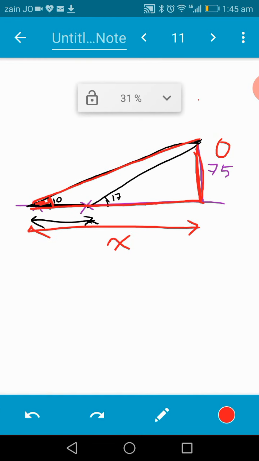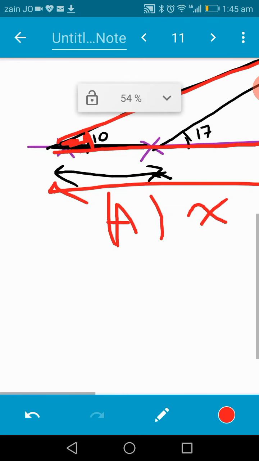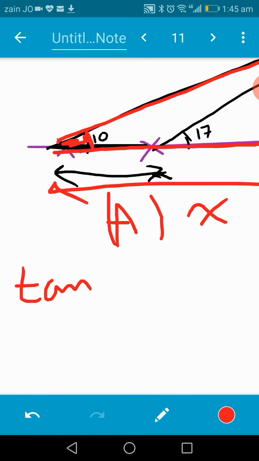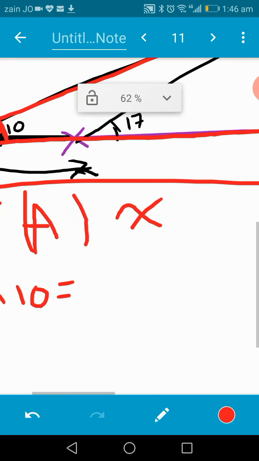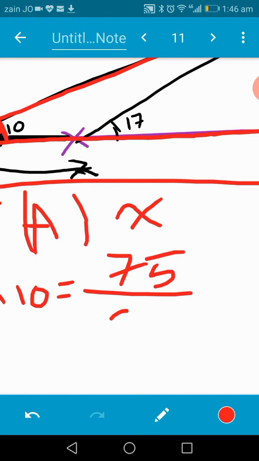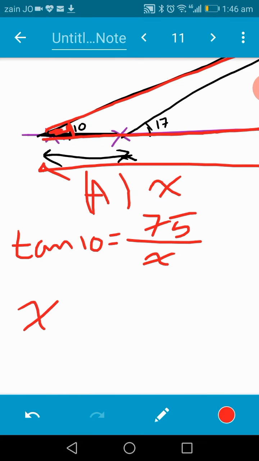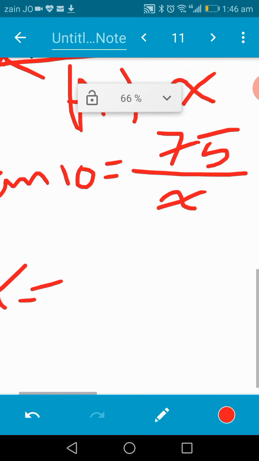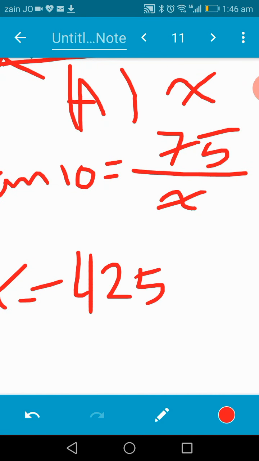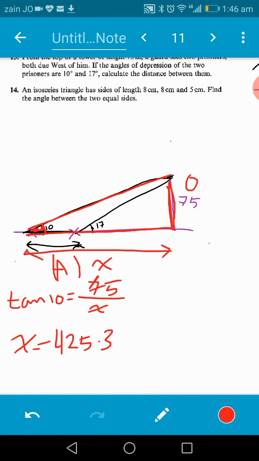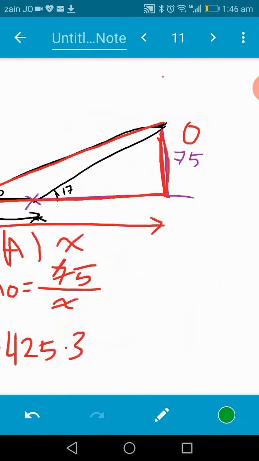This is opposite and x is adjacent, right? So use tan: tan 10 equals opposite 75 over x. So x equals 75 over tan 10, which gives 425.3 meters.